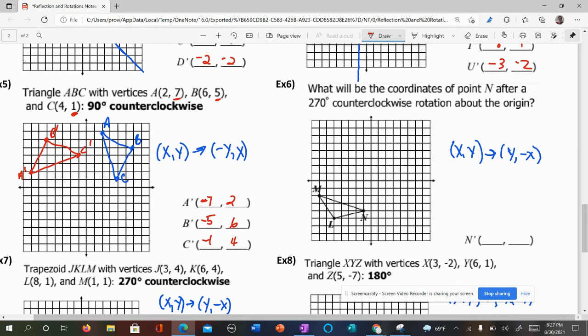All right, let's look at the 270. Now let's think about this. So if I rotate it to here, that's 90, 180. So it's going to end up way up there, 270 degrees. And on this one, it looks like we're only going to work with N. Okay, so let's find the coordinate of N. So back 1, and then down 4.